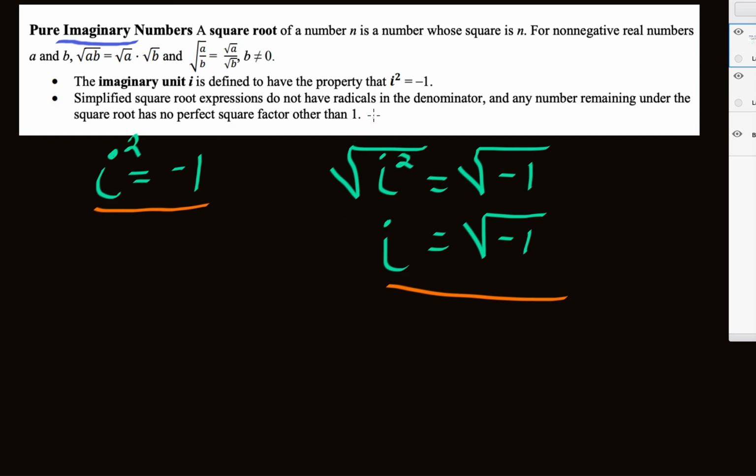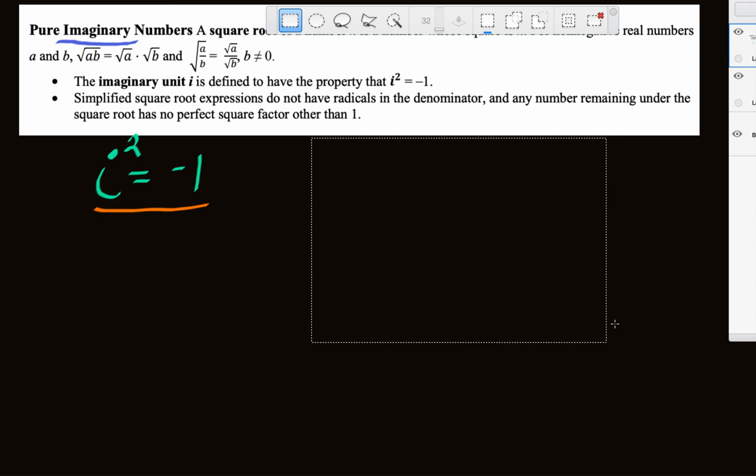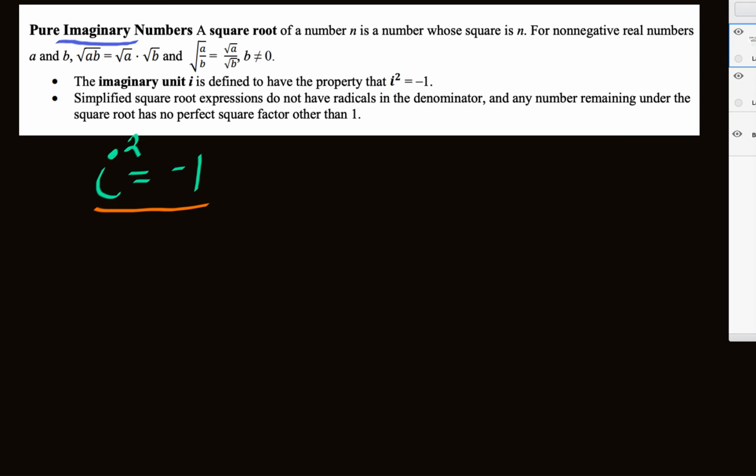I'm going to get rid of the piece that showed how to solve it, but leave those two values sitting next to each other. I'm just going to rewrite it: i equals the square root of negative 1.